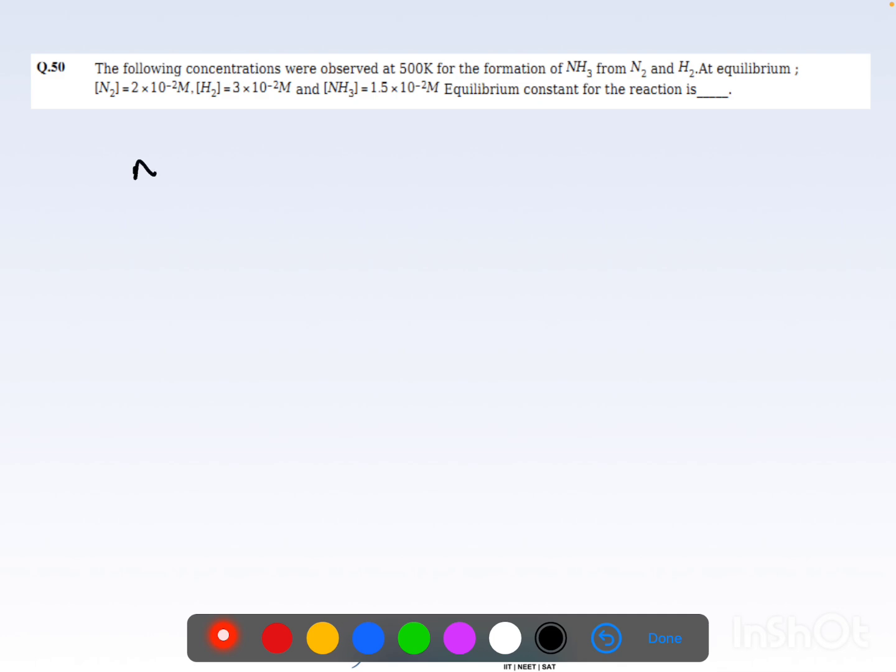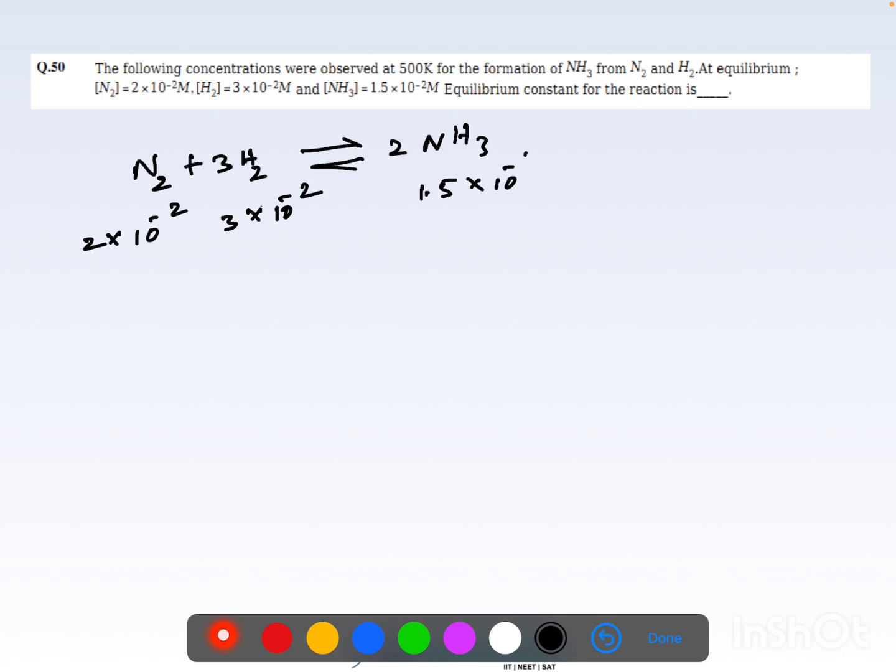In this equation, N2 plus 3H2 giving rise to 2NH3, the concentrations of N2, H2 and NH3 at equilibrium are given. The N2 concentration is 2 into 10 to the power minus 2, H2 is 3 into 10 to the power minus 2, and ammonia is 1.5 into 10 to the power minus 2.